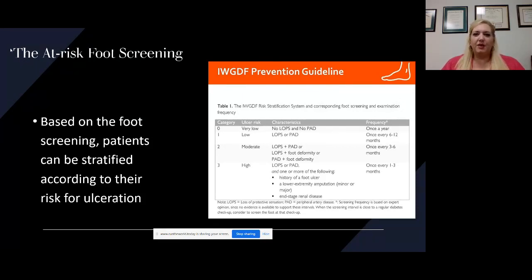Every 3 to 6 months would be indicated. Now, for our folks that are in our high risk category, in category 3, they have loss of protective sensation and/or PAD, and a history of foot ulcer, or a history of lower extremity ulcer, or even at risk because they have end-stage renal disease. We see them very frequently, every 1 to 3 months, to do an at-risk foot exam.